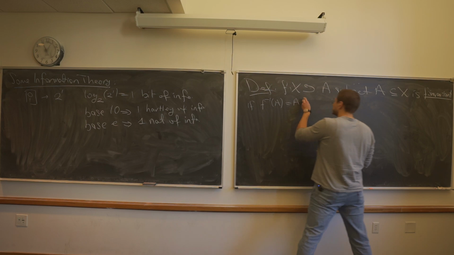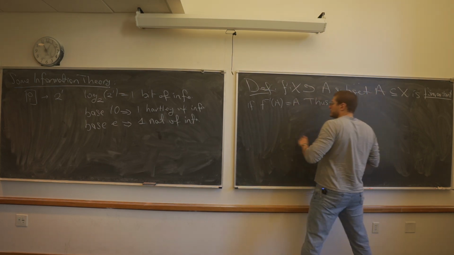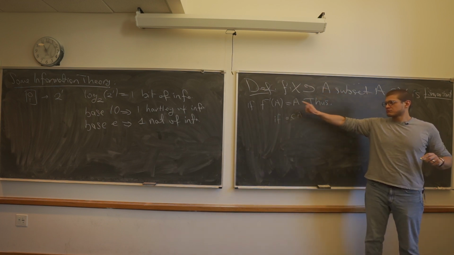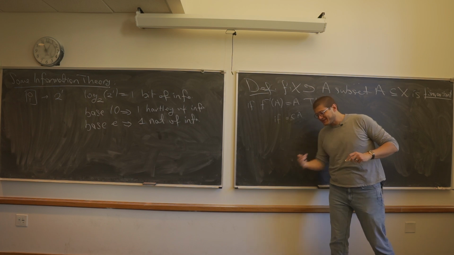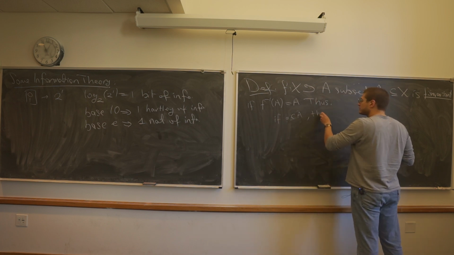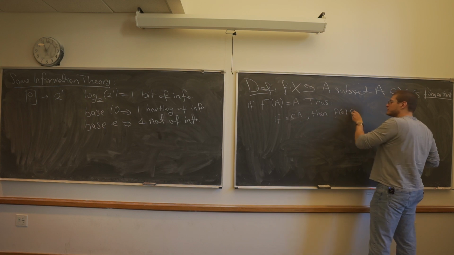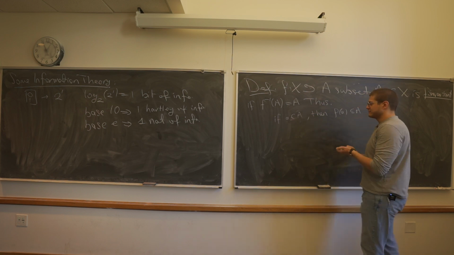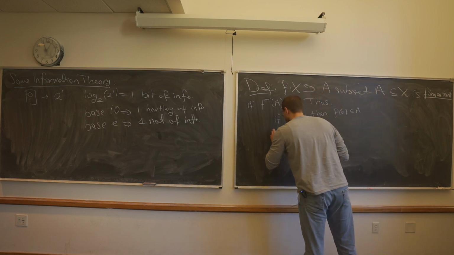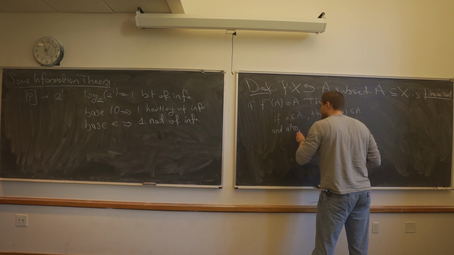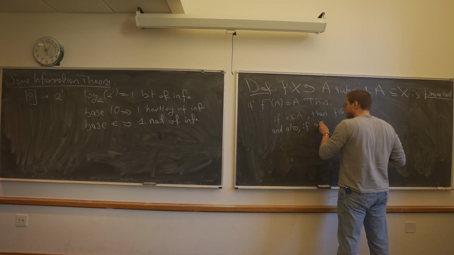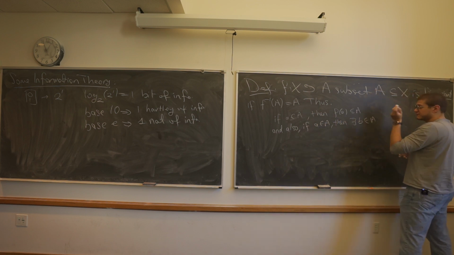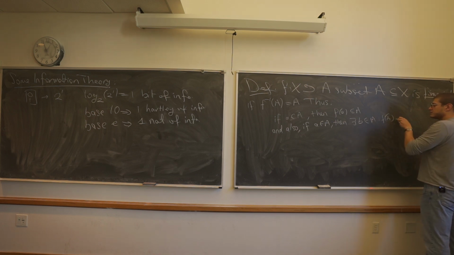Thus, if you're in A and you apply your dynamics once, you're going to land in A. But also, any point in A comes from some other point in A. That is, if a is in A, there is some other point b, possibly different, such that F of b equals a.